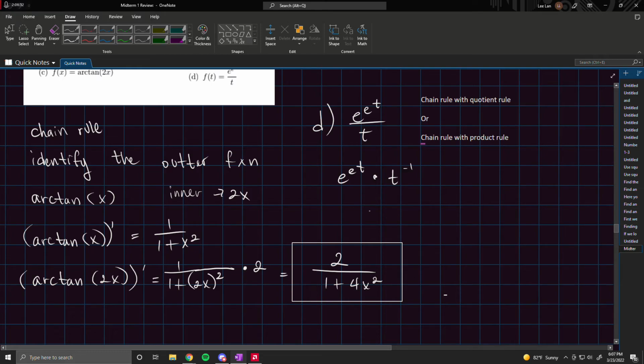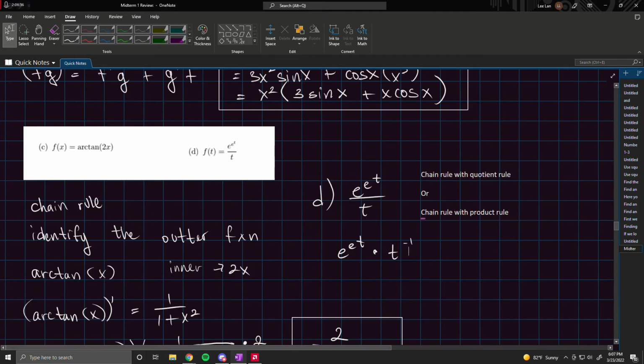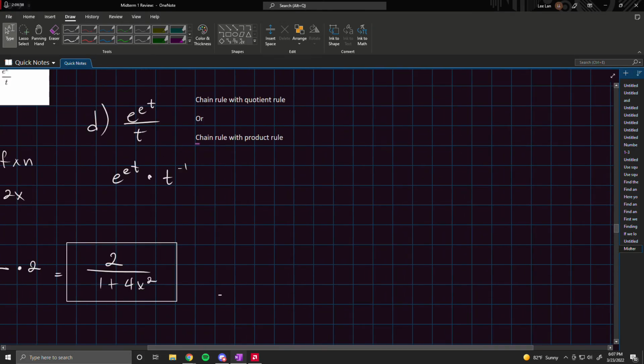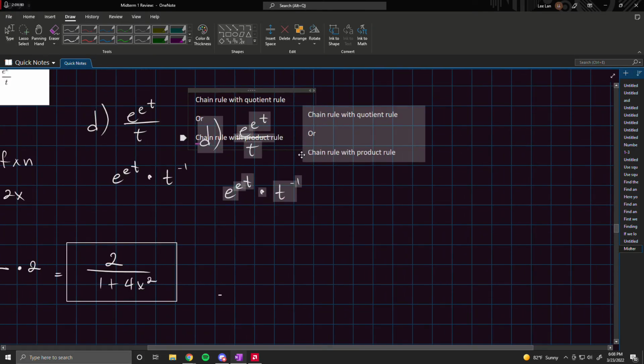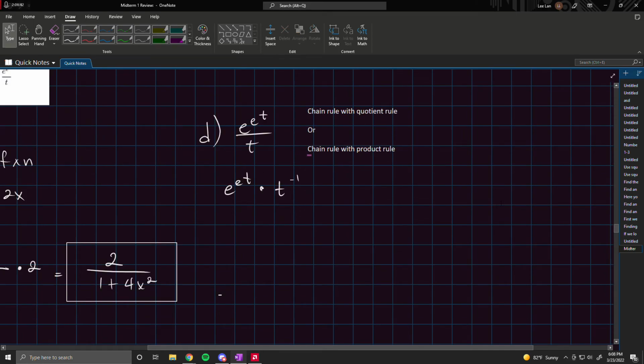Right? And so now we take its derivative. Let me move off to the side a little bit. So e to the t, derivative of that. Okay, so what's that going to be equal to? Let me remind ourselves of the product rule.